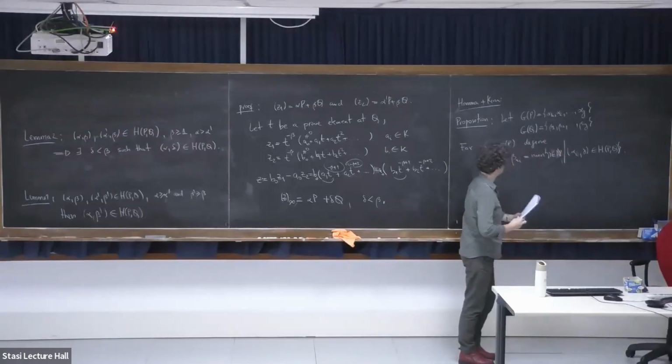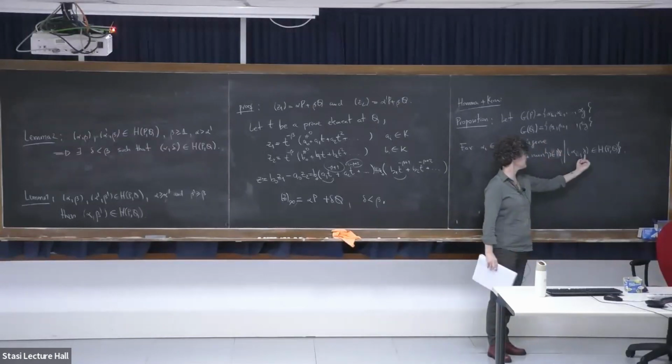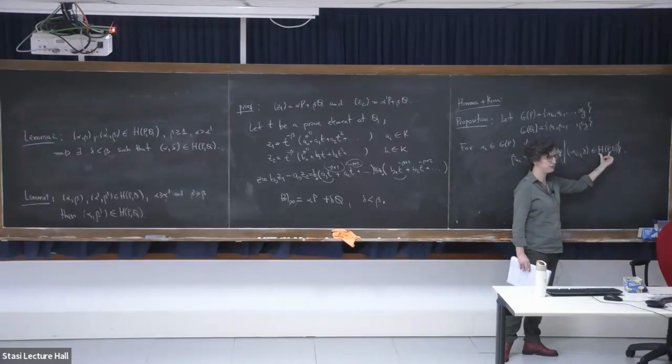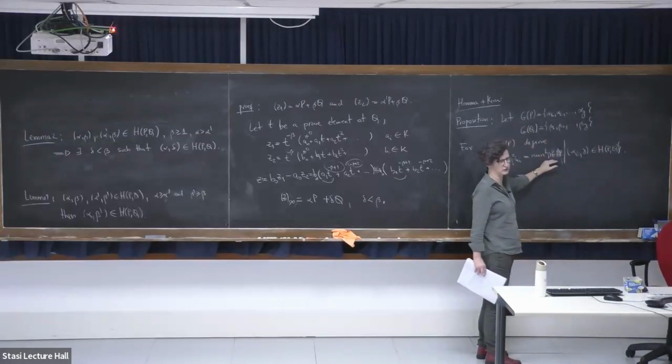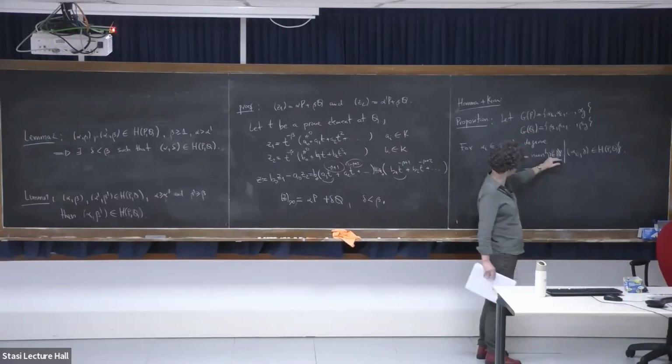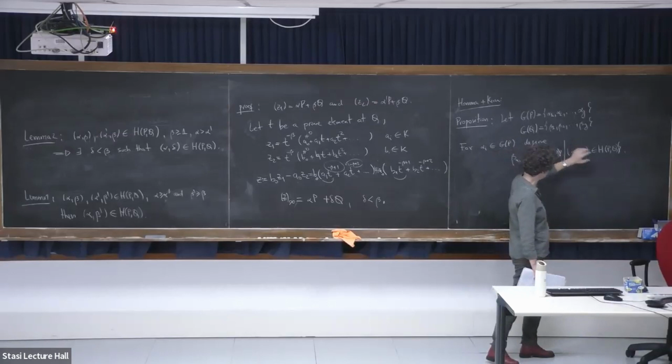Look, gamma cannot be 0, because if gamma was 0, alpha i would be in the Weierstrass semigroup at P. But alpha i is a gap. So I know it's not 0, but I just write it like this: the minimum of the natural numbers such that the pair is here.